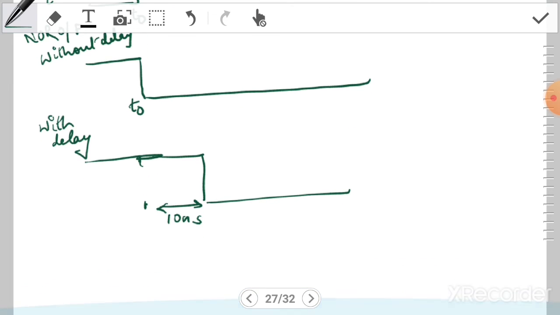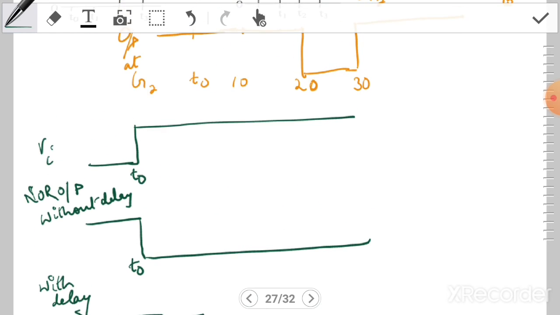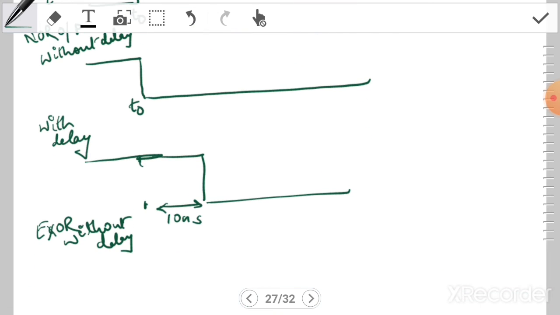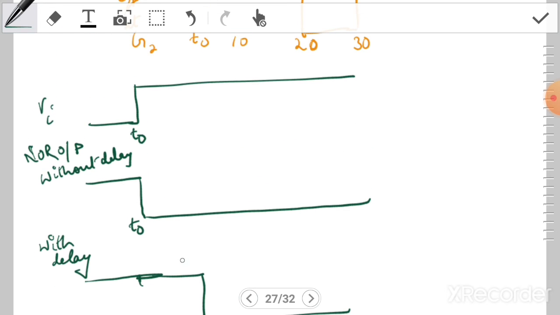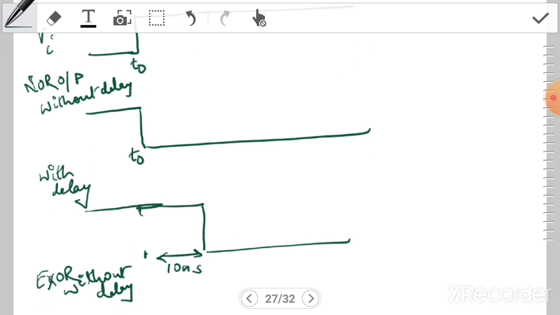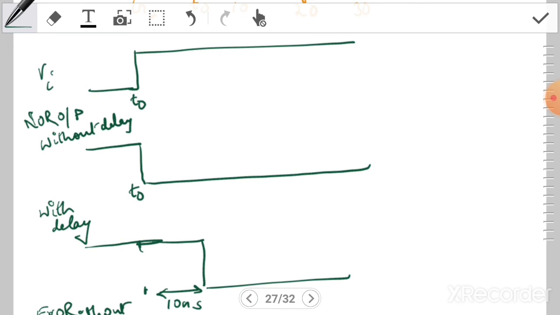Now the XOR output without delay. Consider this: there is a 1 here and there is a 1 here.